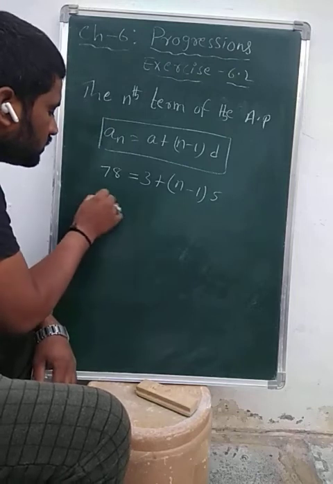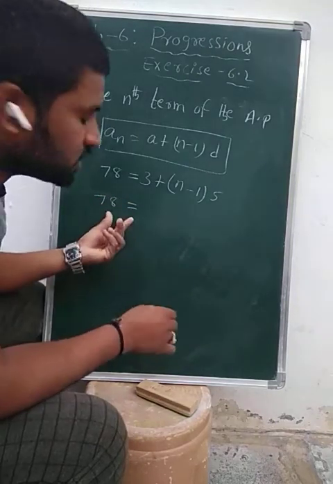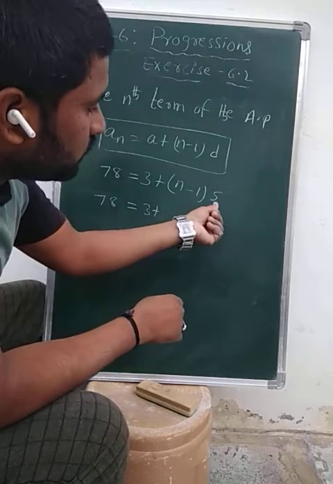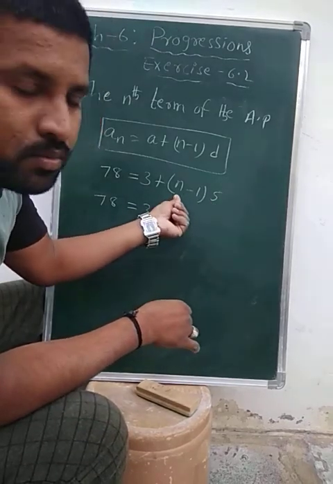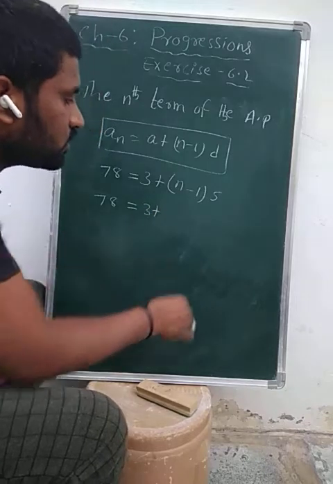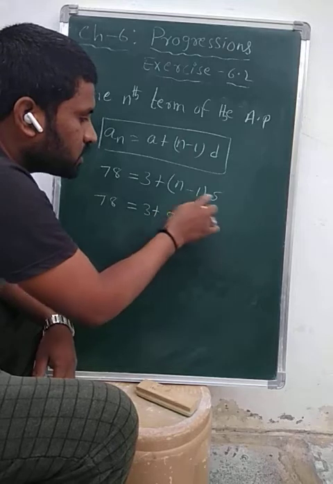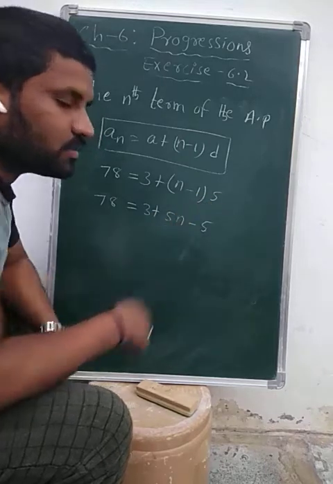Now 78 is equal to 3 plus 5 multiplied by the bracket (n minus 1). 5 into n is 5n, minus 5 into 1 is 5.